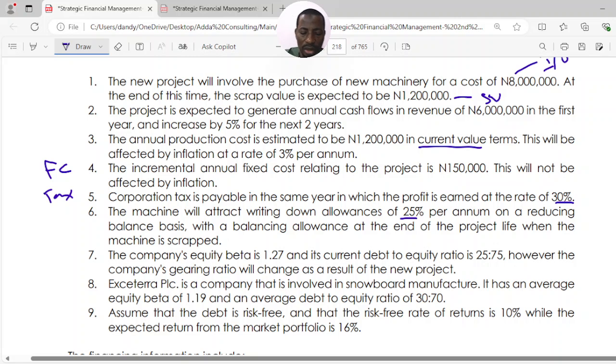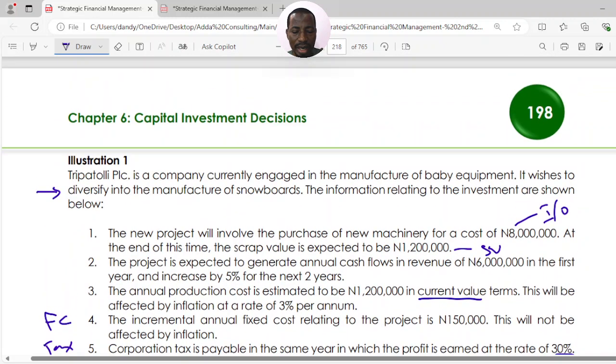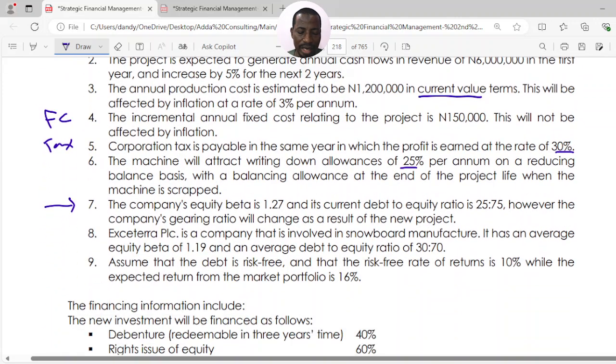So something is calling my attention in this note 7: this project will be appraised using adjusted present value. In the first paragraph, examiner has told us that the company is diversifying. Now again, in this note number 7, examiner is telling us that, however, the company's gearing ratio will change as a result of the new project.